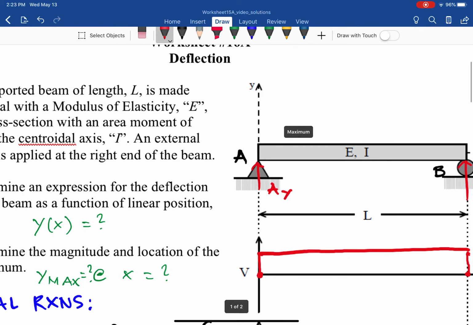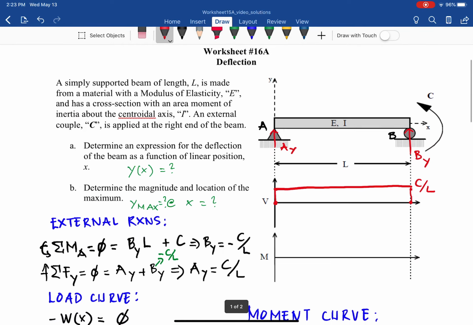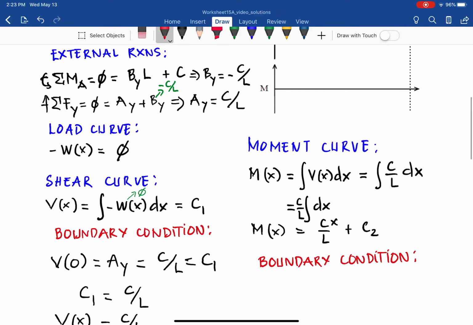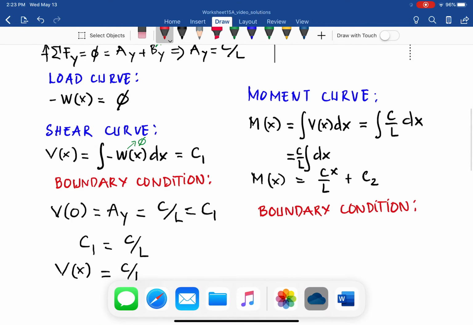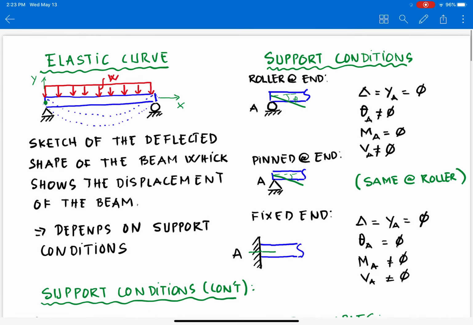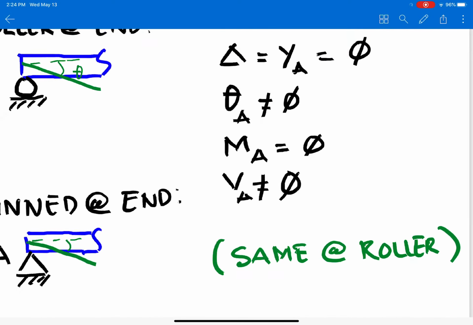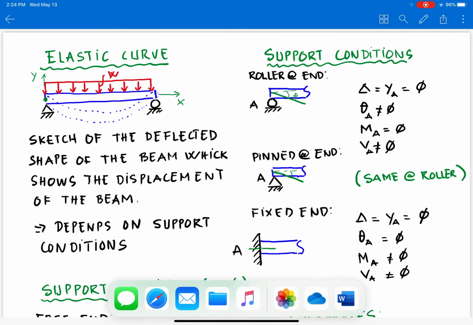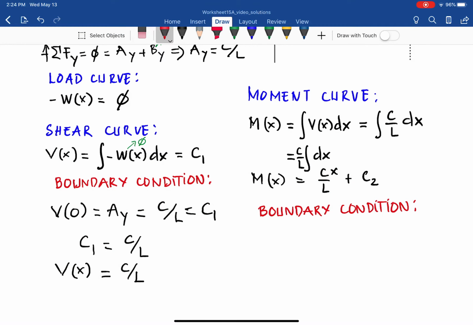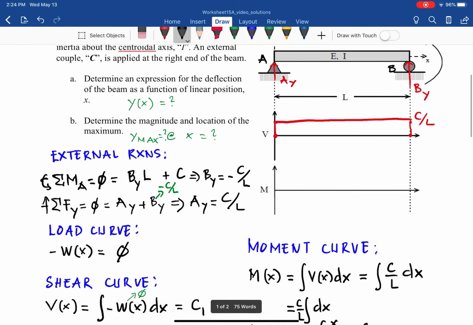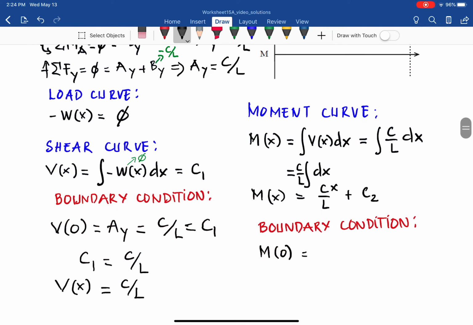There is no moment at pin A, right? So MA equals 0 at x equals 0. Go back to the lesson notes that we have here: for the pin or the roller at the end, MA equals 0. So the boundary condition here is M at x equals 0, which is point A, equals 0.